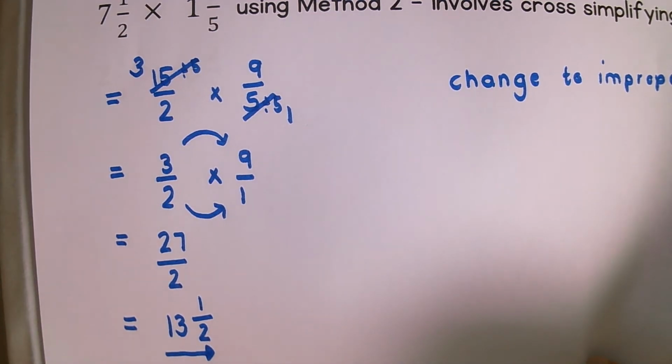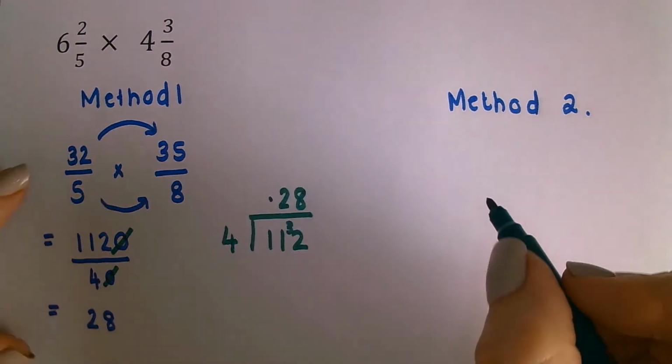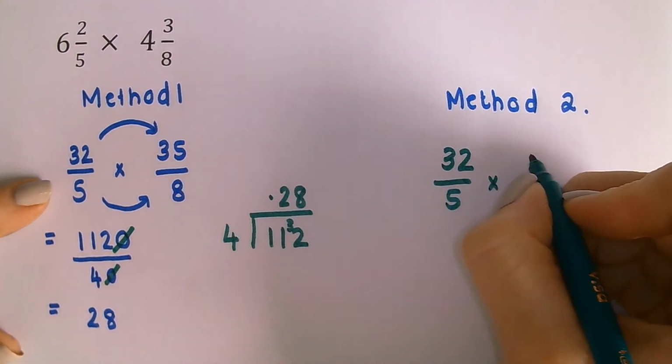You can choose method 1 or method number 2. Okay, so let's look at method number 2. And method number 2 is going to be easier to work with if we use, obviously, our simplifying technique. So let's look at this one, and we're going to use the same numbers. We're going to use 32 over 5 times 35 over 8.